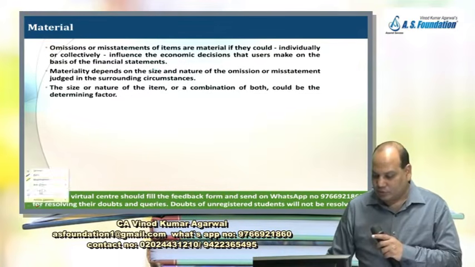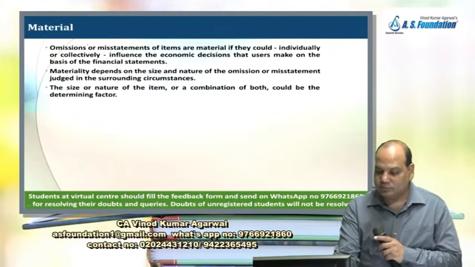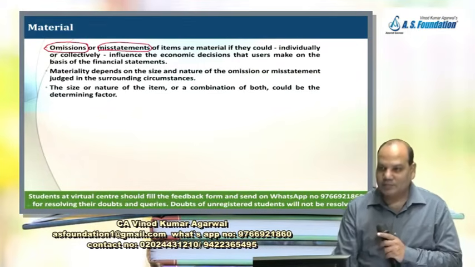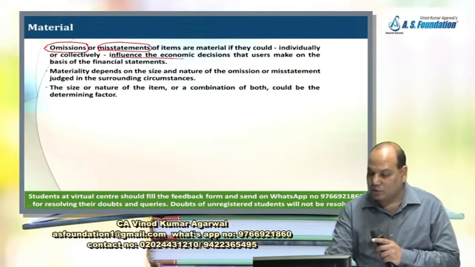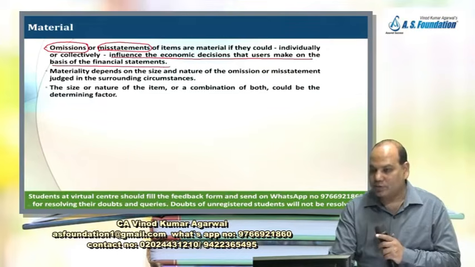That means something which should have been written but not written, or something which is wrongly written, may affect the decision of the user of the financial statement. Is called a material item.